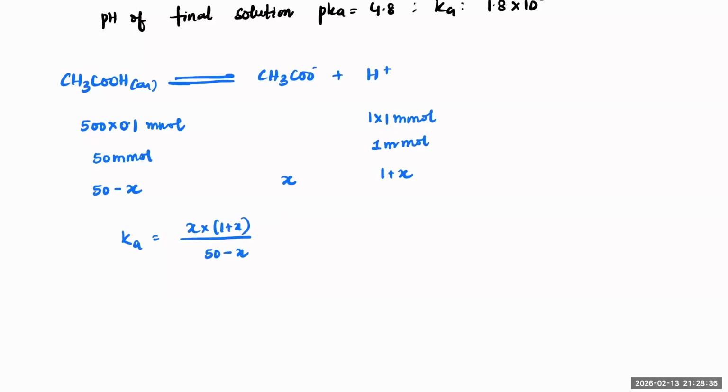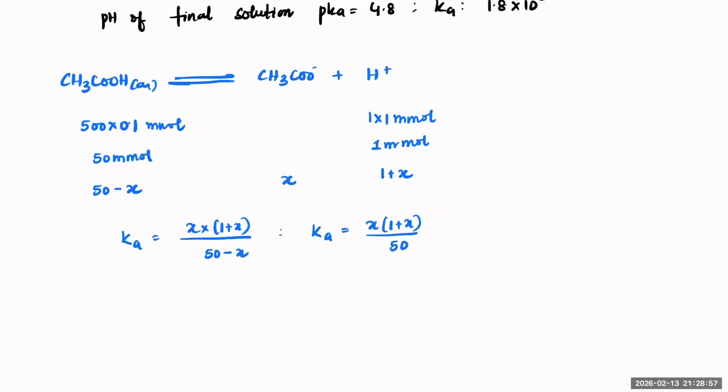Got it? Now listen up. Due to the common ion effect, the x value will be drastically low because as it is, x is a very small amount. On top of that, there is already a common ion because of which the dissociation will be low. So we can say that Ka value will be equal to x into 1 plus x divided by 50.